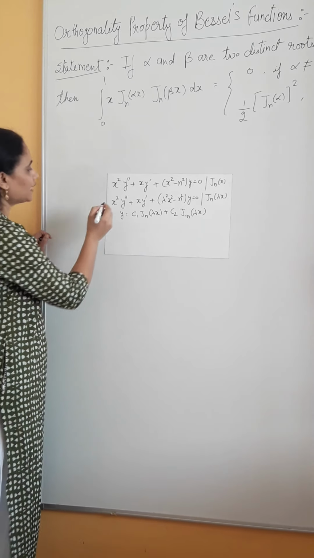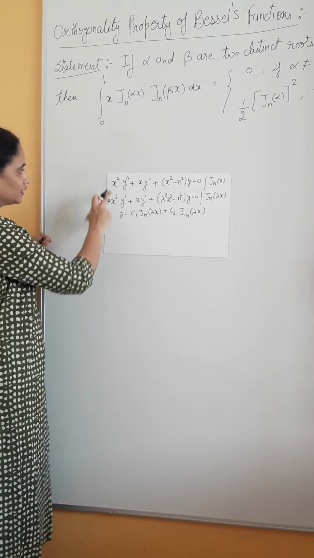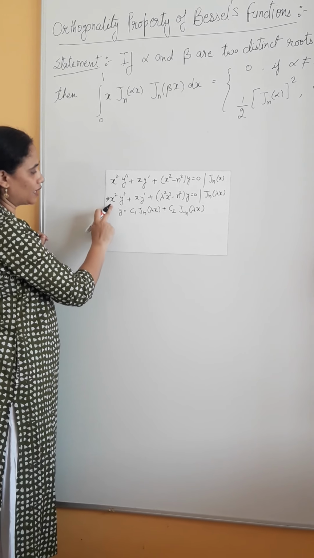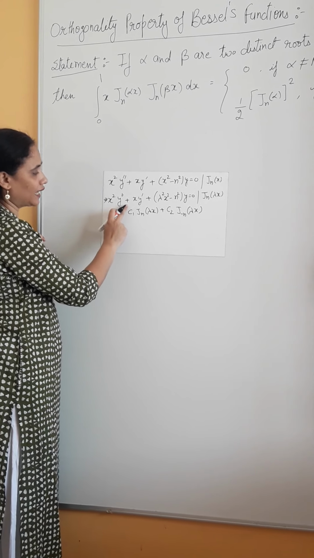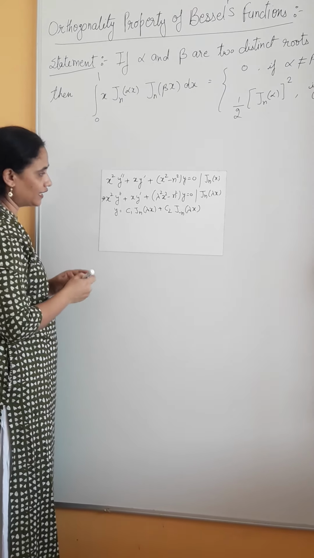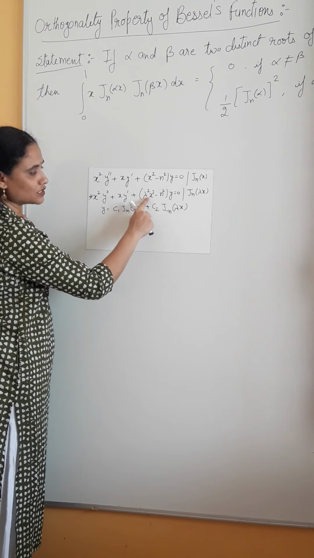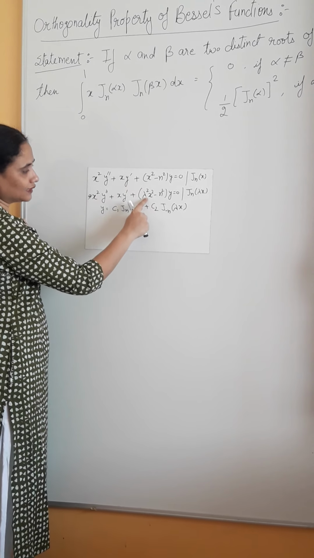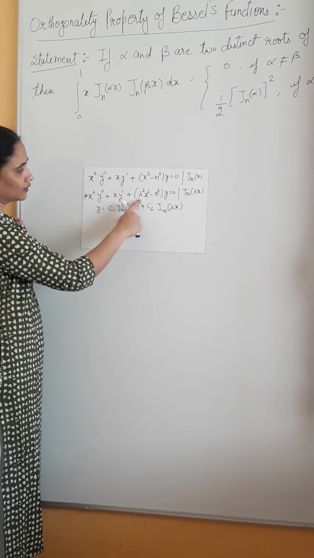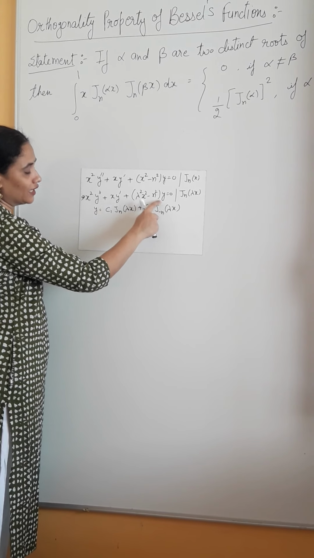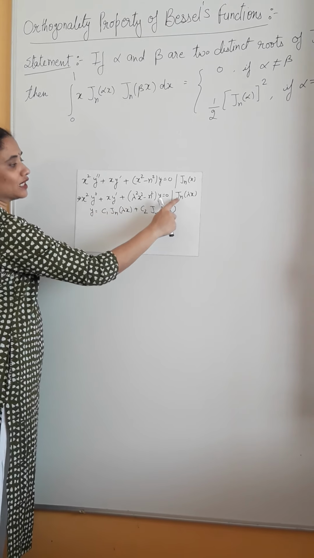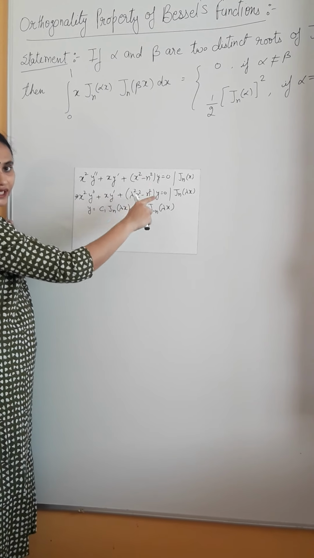Now let's generalize this equation. If the equation is in this form, x square y double dash plus x y dash plus (lambda square x square minus n square) y, that means x is multiplied with some constant here, then one of the roots becomes Jn(lambda x). This is the relation between them.